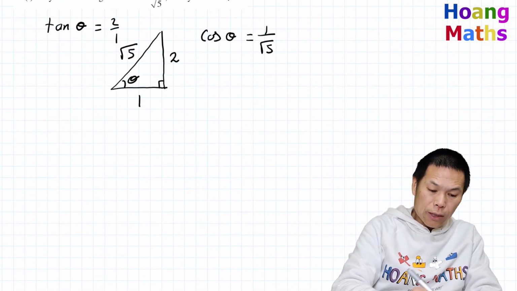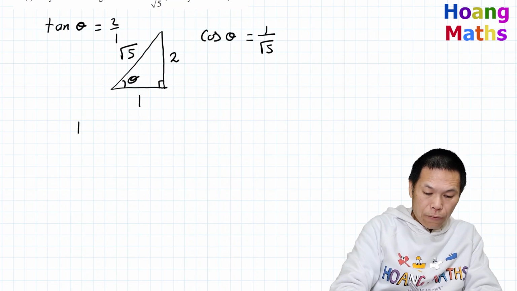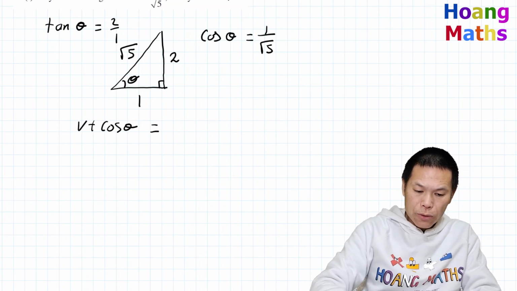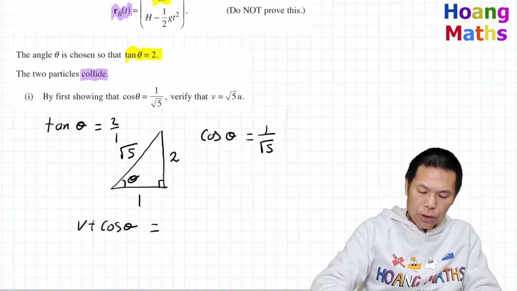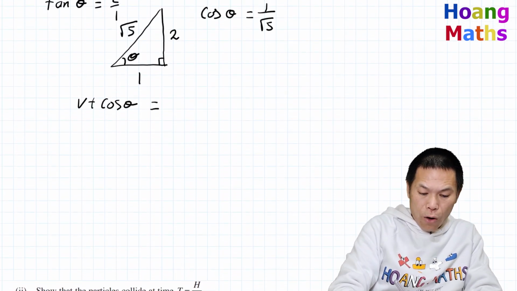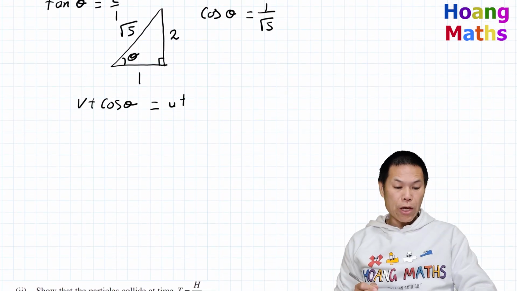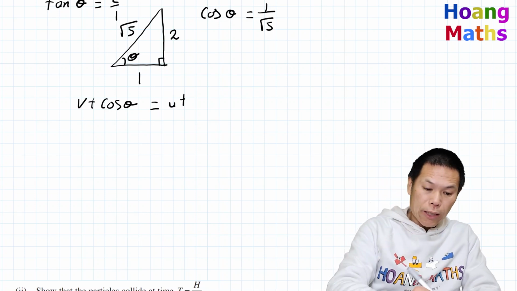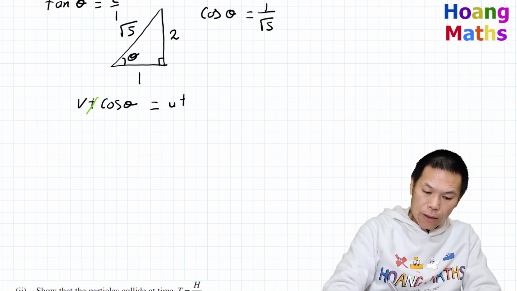That is vt cos theta is equal to ut, for the i component. And we know the t we can cancel out.